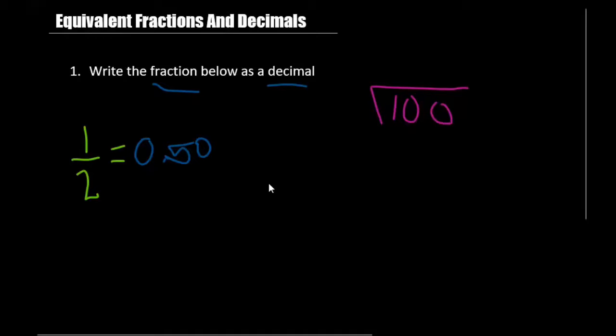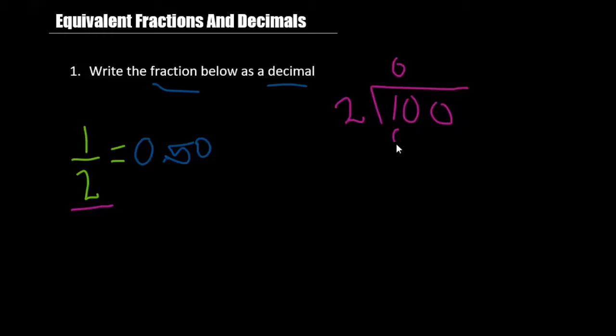But another way to solve this is we divide the whole, or 100, by the denominator. So our divisor would be the denominator. Now we divide. 2 goes into 1 0 times. 1 minus 0 is equal to 1.